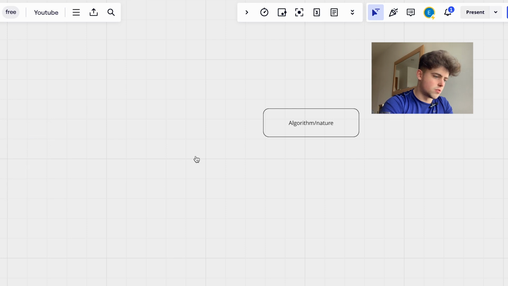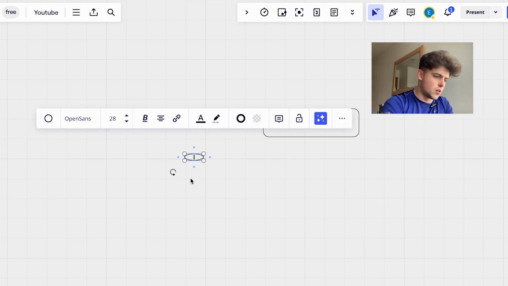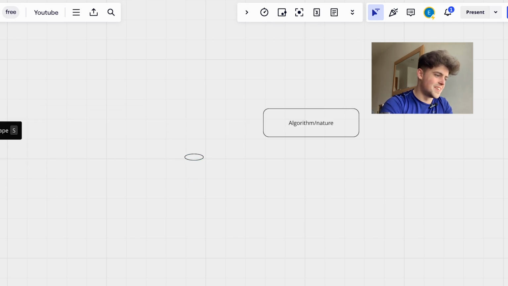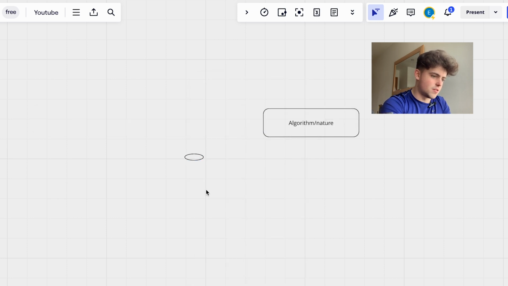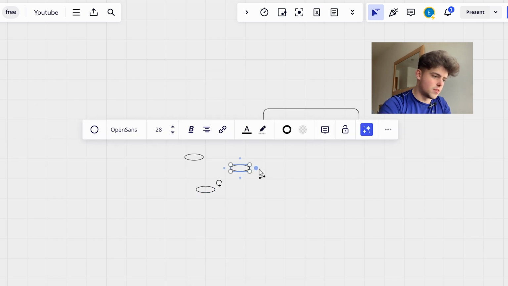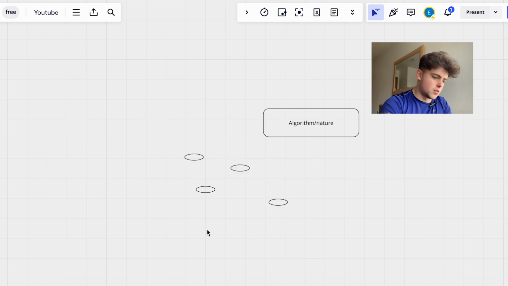Let's draw wee circles. I'll just hit copy, then command V. So you get the picture. This is like an ecosystem, and these are all your ads, or animals, in the algorithm.